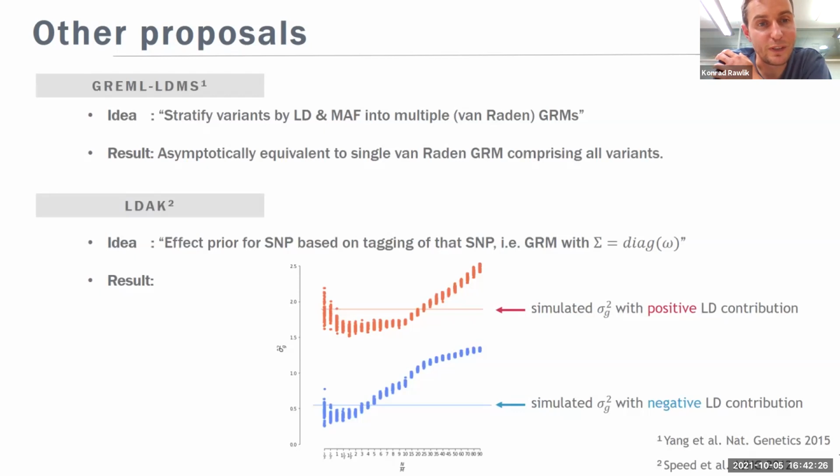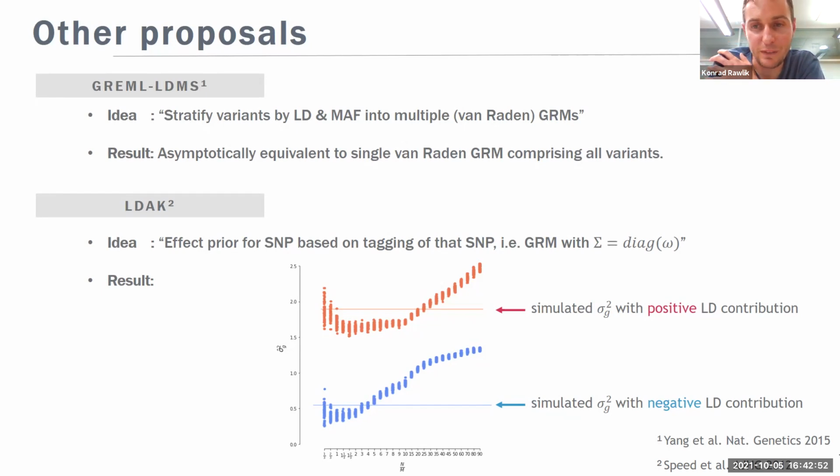Similarly, if we look at LDAK, which is another proposal in the human literature, it is based on using a G-REML which puts a different prior on the SNP effects, arguing that what we need to do is match the true distribution of SNP effects with our prior to get the correct estimate.